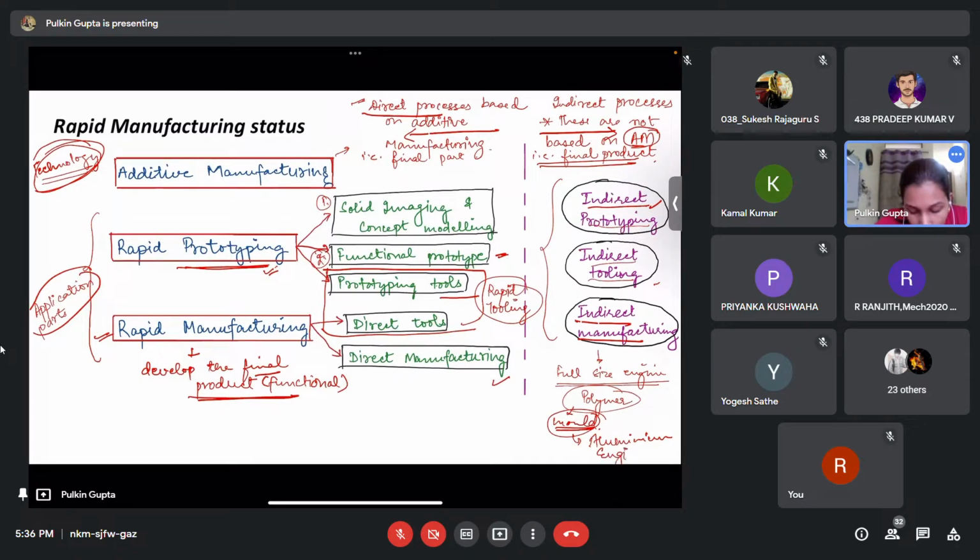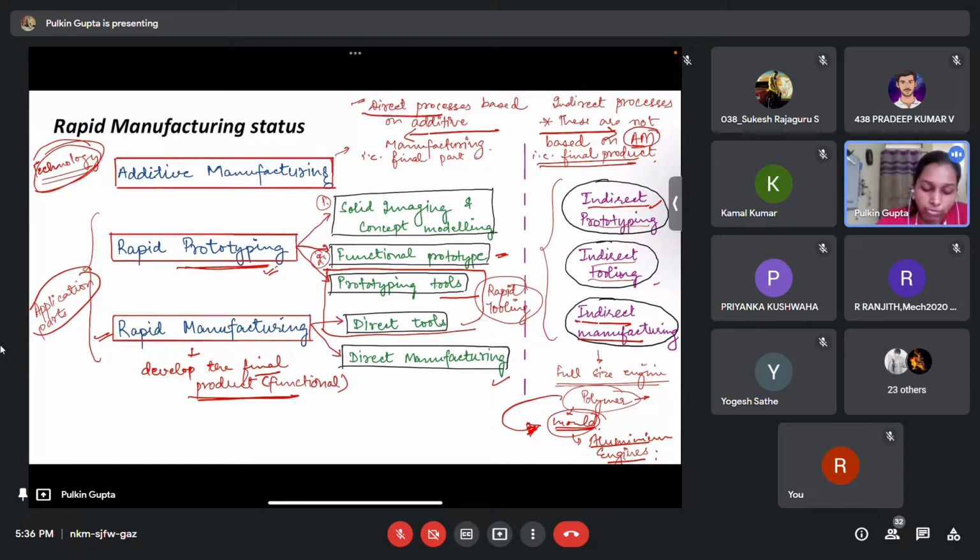So this is indirect manufacturing, where additive manufacturing was used to make the part that was similar in shape and size, or in geometry, and that part was made using a polymer, and it was used to prepare the mold. And now this mold is used to make the engines finally.